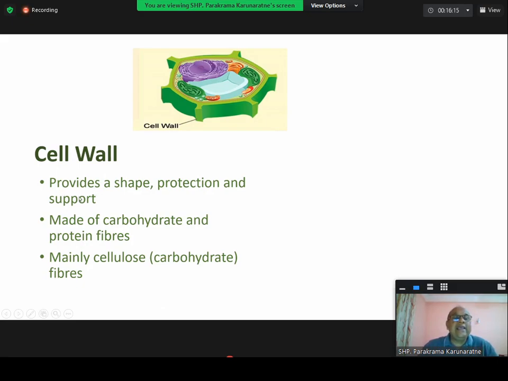If they need, they can change the shape. But plant cells have a definite shape because of the cell wall, and the cell wall also gives protection. The cell wall is made up of carbohydrates and protein fibers. Mainly this carbohydrate is called cellulose. We all know cellulose. The cellulose is the major carbohydrate component found in cell walls.